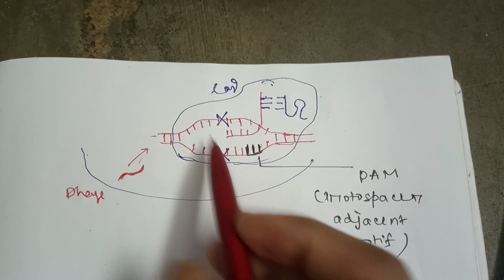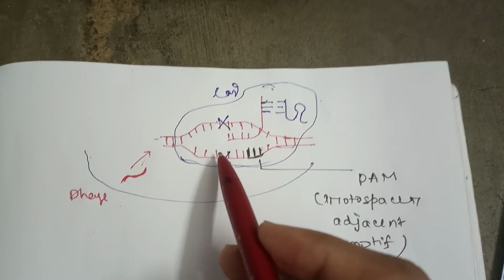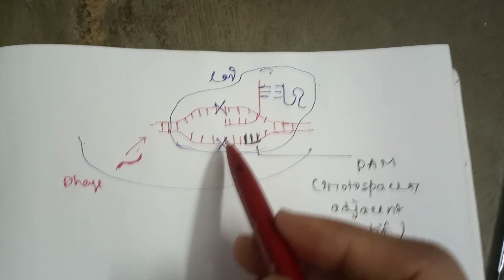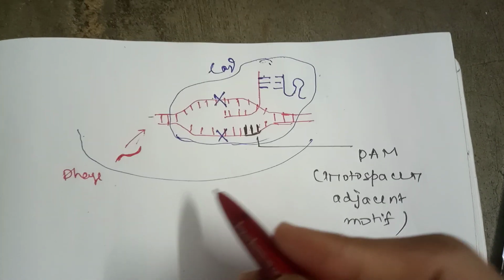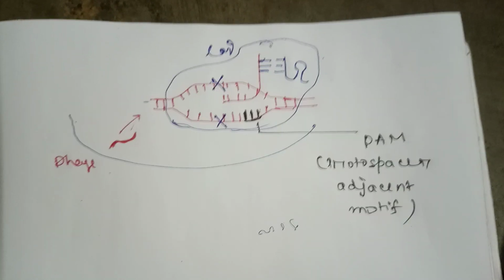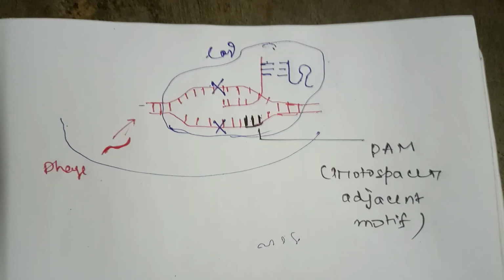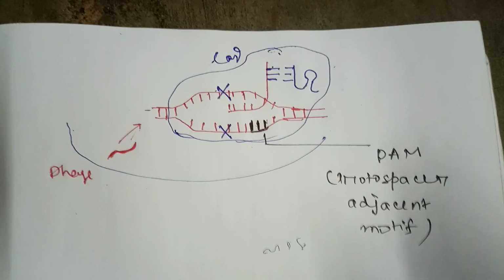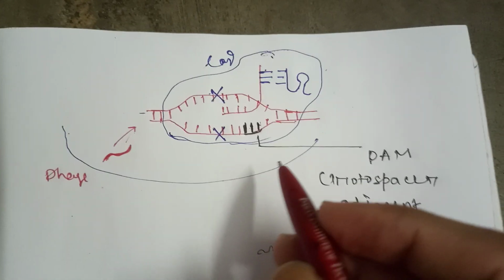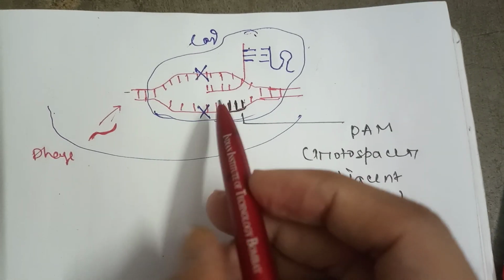In the upstream of this PAM, in both strands, the snipping will occur by the endonuclease. So the virus will be neutralized and it can't do its replication, and that's why it will not be able to affect the bacteria, and the bacteria will be safe from its infection.